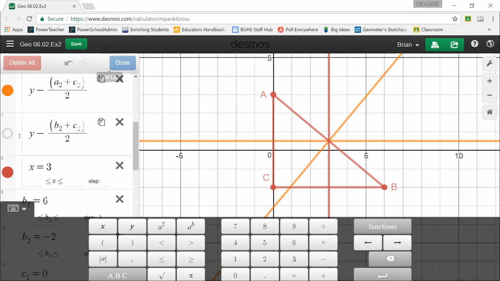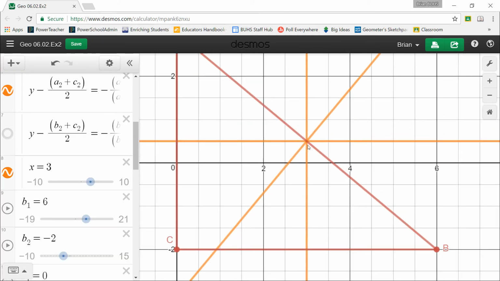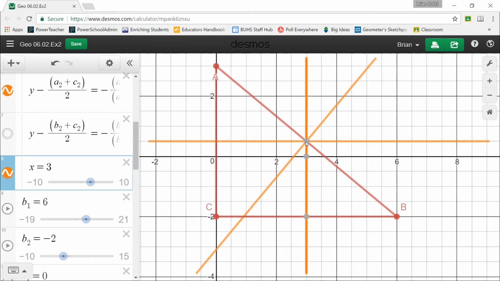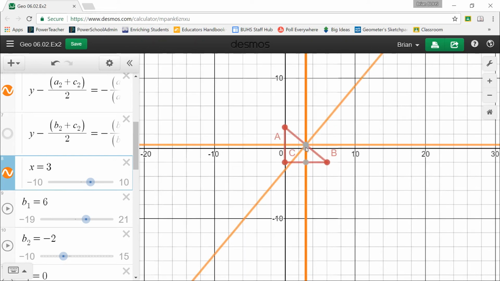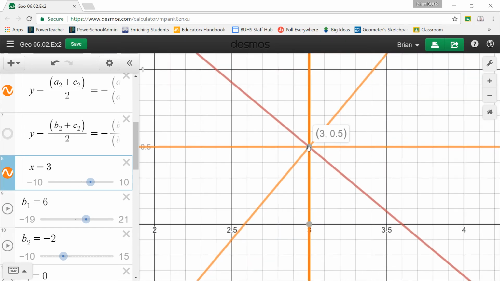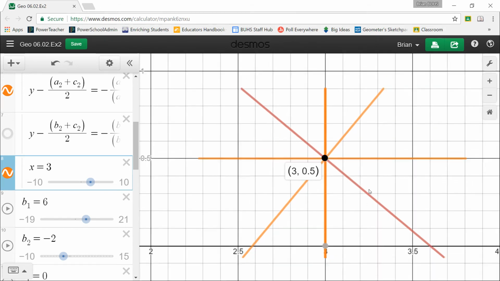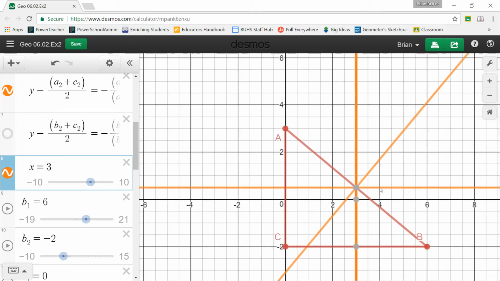And then I could change the color there if I wanted. All right, and then if I want to find that intersection, I could just click on this. It looks like the intersection is occurring right there. Yeah, that's (3, 0.5). So there you can see that it does in fact work out.